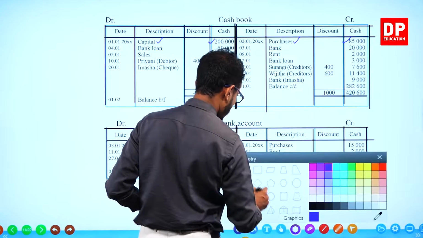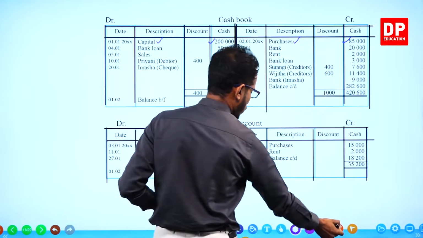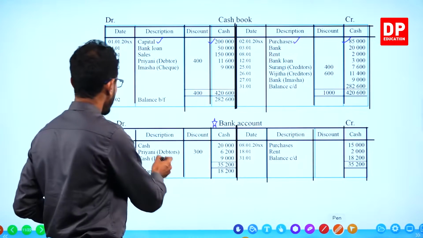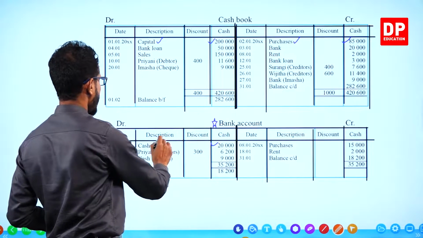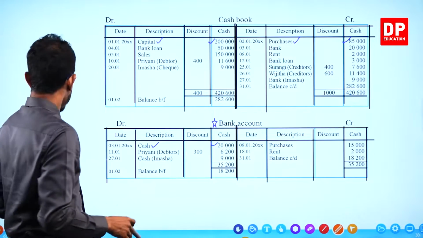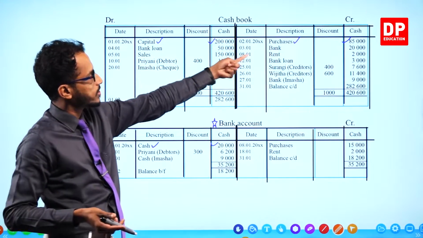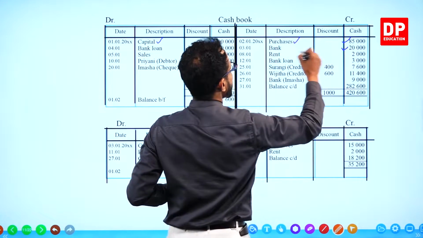The bank account is debited 20,000, description cash. Cash account credited, description bank.